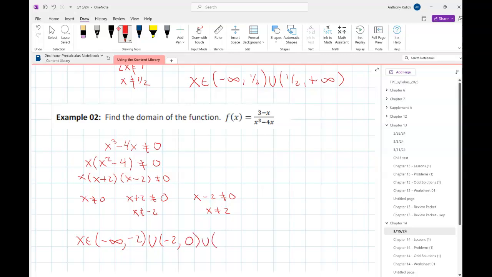And then 0 to 2. And then 2 to positive infinity. Always smallest to biggest, yes. If I did between negative infinity and 0, well, negative 2 is in there, and I can't have negative 2, right? So as we build our intervals, we have to go from smallest exception to biggest exception, always.